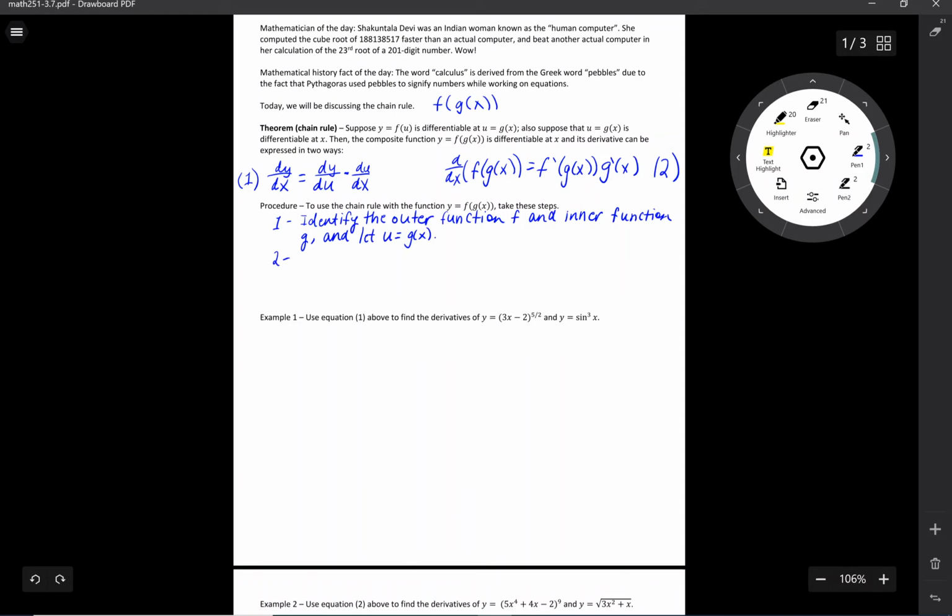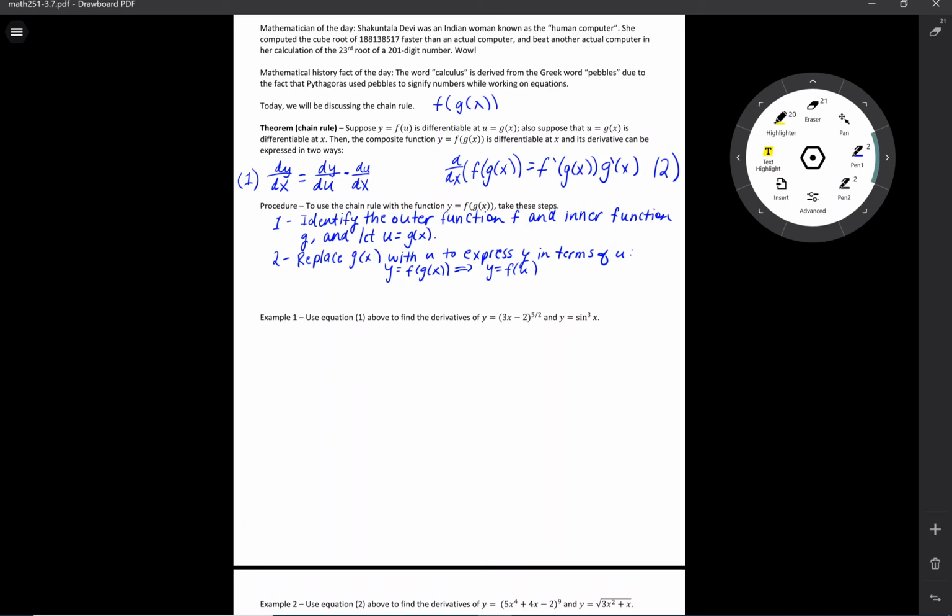Next, I replace g of x with u to express y in terms of u. So this will give us something like, instead of having y equals f of g of x, we'll have y equals f of u.